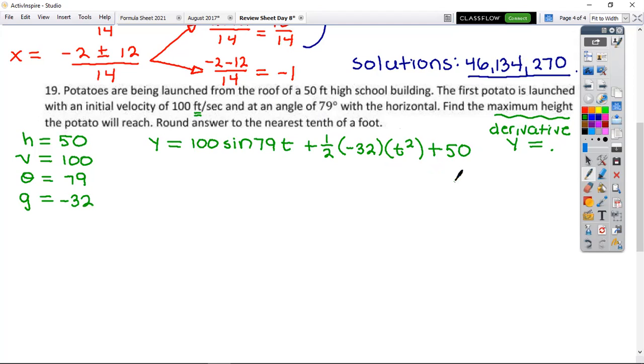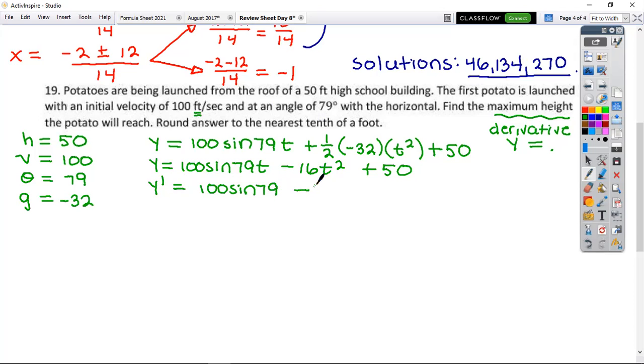Next thing you're going to do is find, well, actually do one more step first. So 100 sine 79t minus 16t squared plus 50. And now you're going to do your derivative. So 100 sine 79. So just coefficient minus power down in front, 32t.